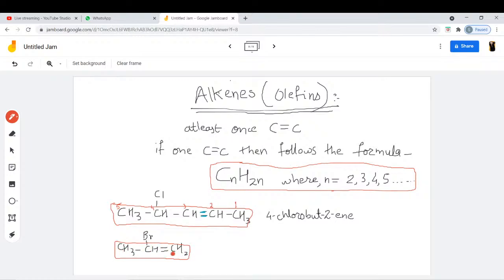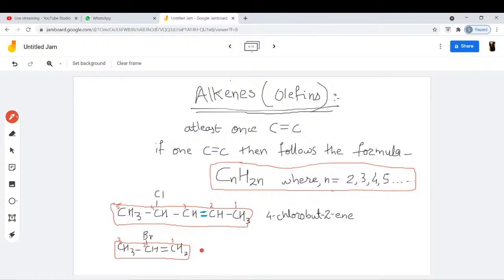Right hand side, because the double bond comes first. So carbon number 1, carbon number 2, carbon number 3. Many people say, sir, if you number from the other side, bromine will be there, no? So no need to worry about the position of bromine. It always comes on the second carbon. It's okay, but the numbering should be given from the right hand side, not the left hand side.